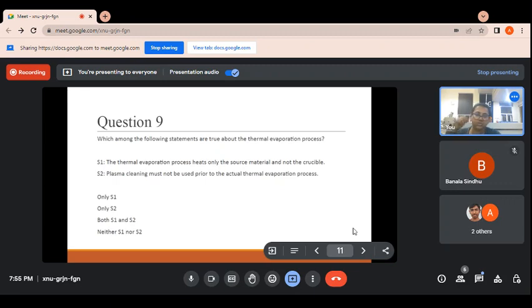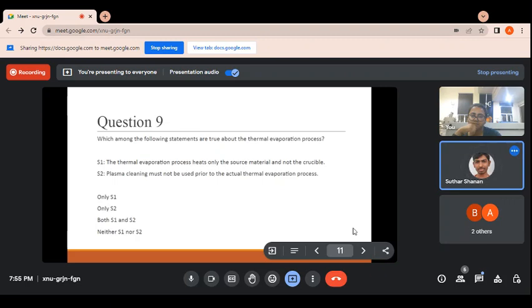Go through the question carefully and try to give the answer. Basically, option 1, only the source material and not the crucible, is actually false.